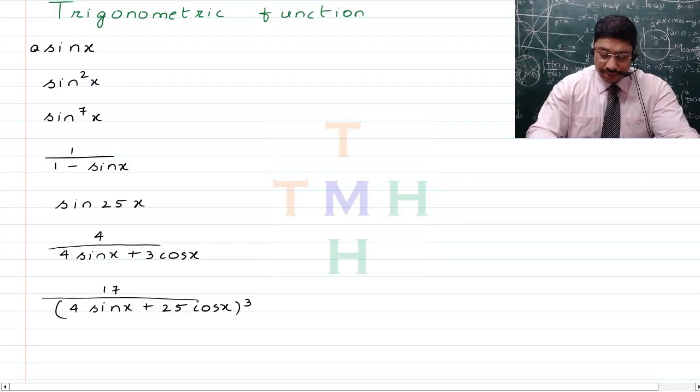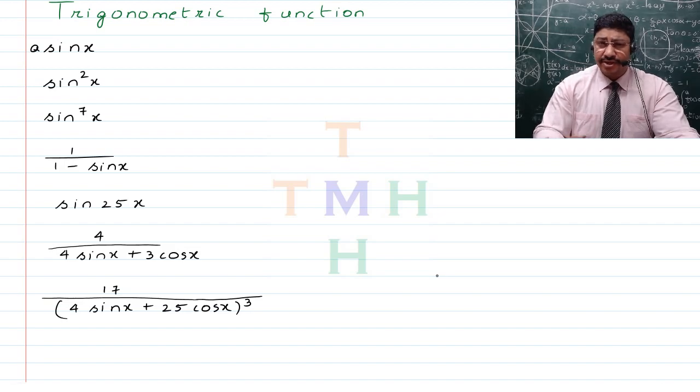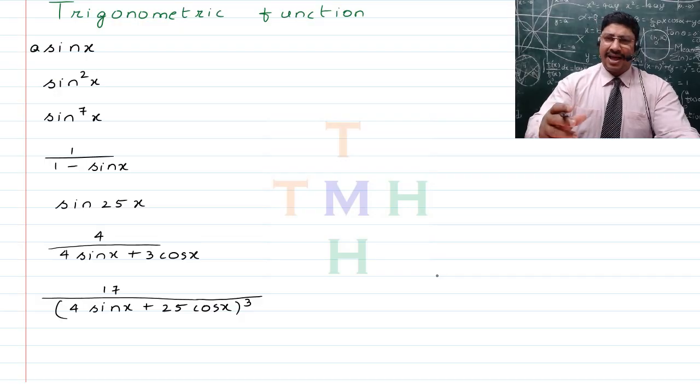Such functions can again be dealt with by converting all of this in terms of a single trigonometrical ratio, and then bringing it over to the numerator. Then probably there is a formula, or you'll have to apply some concept like integration by parts, etc., to be able to deal with such integrals. So here we'll just be looking up what to do in such functions.